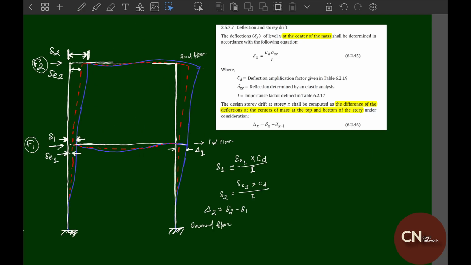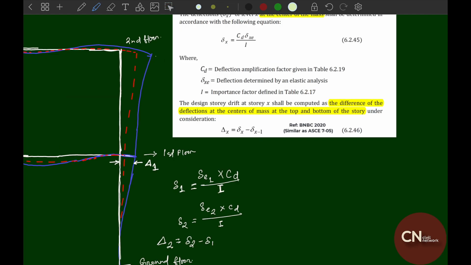Now let's have a look at the code provision. Here it's stated that the design story drift at story X shall be computed as the difference of the deflections at the center of mass at the top and bottom of the story under consideration.